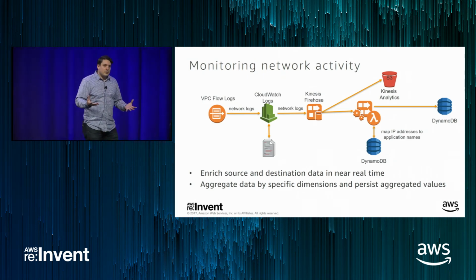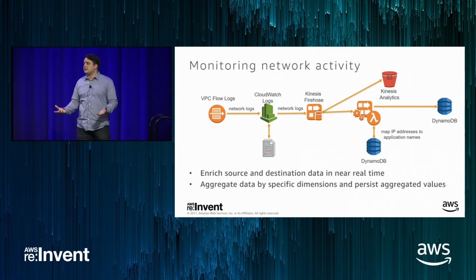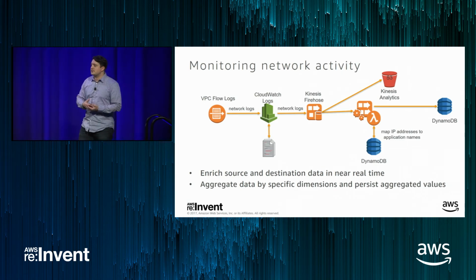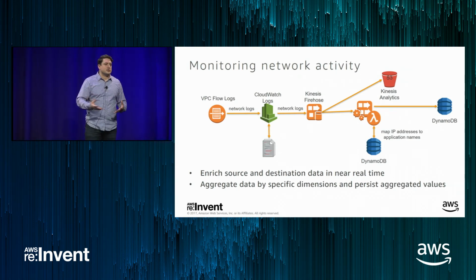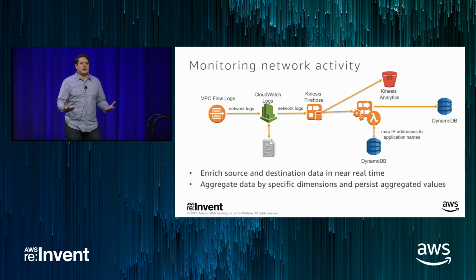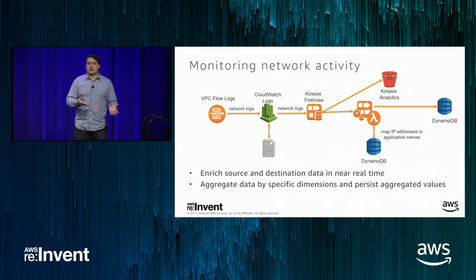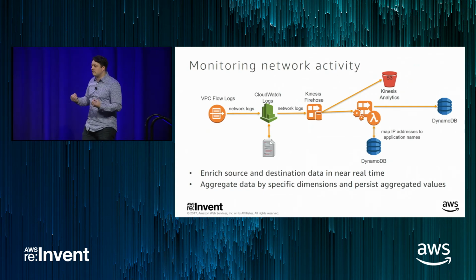But I mentioned context being so important. You can add a minimal amount of context, like doing data enrichment to map IP addresses to application names. So when you page somebody or send a notification, you know: I've detected an anomaly, and it looks like this IP address or this set of applications is behaving abnormally. But it doesn't really tell anybody any other information.